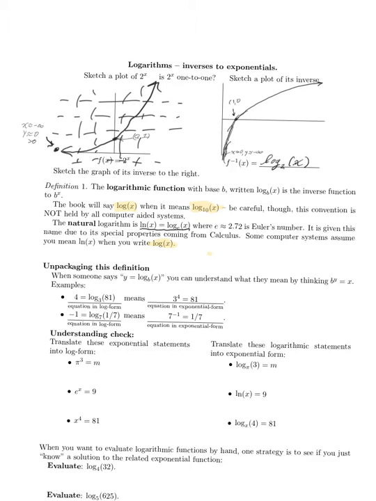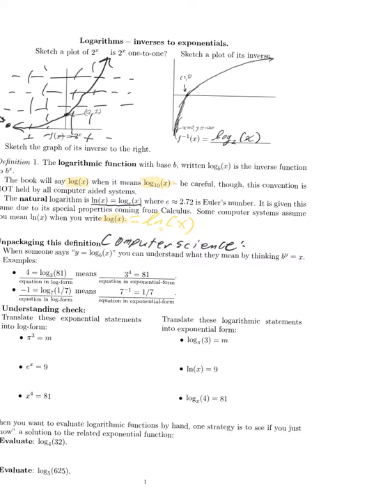Some computer systems will think you mean ln of x. And some others, though this is maybe a little bit less common, if you're a computer scientist, then your favorite base is base 2, basically because computer scientists mostly just believe in the digits 1 and 0.